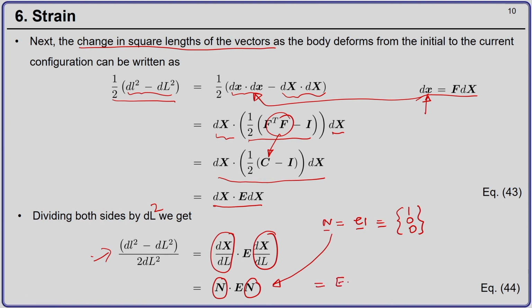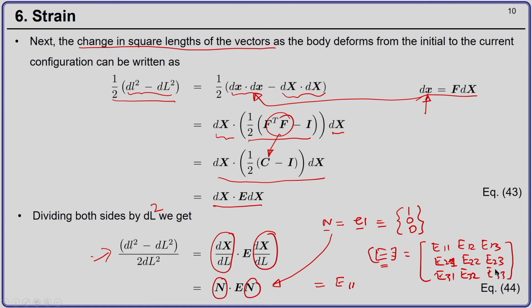I will get only E11, you can do it yourself, because E is a second order tensor, and if I write that in matrix form, it will be E11, E12, E13, E21, E22, E23, E31, E32, E33.